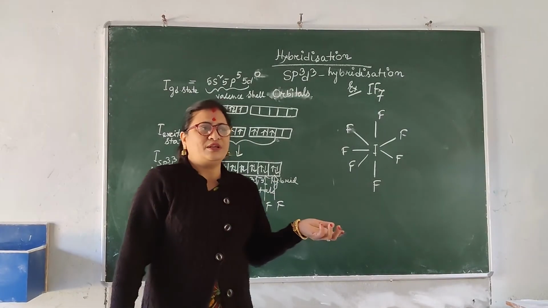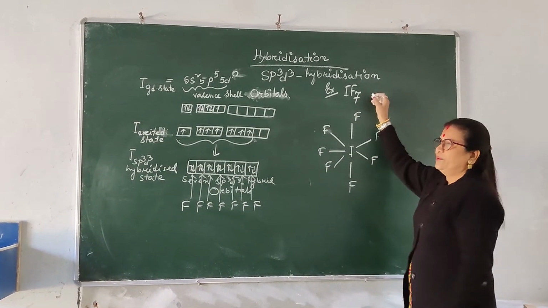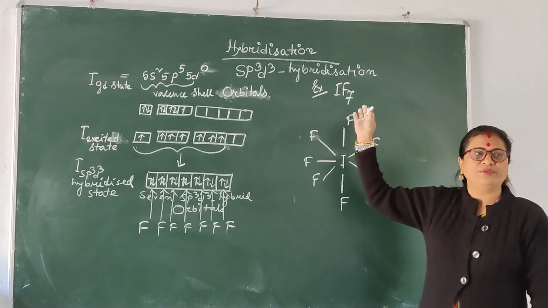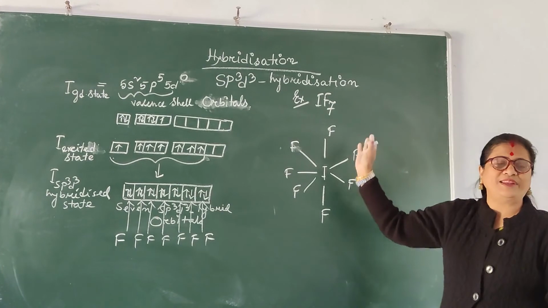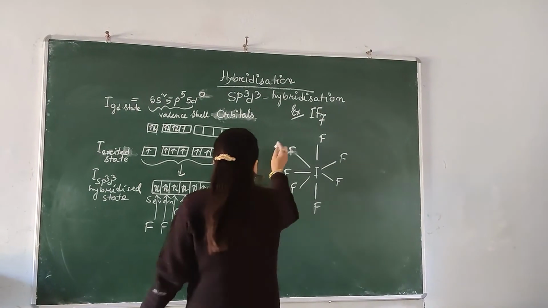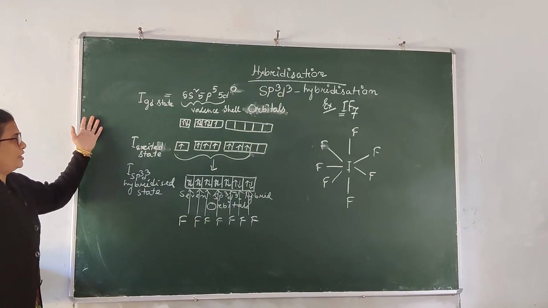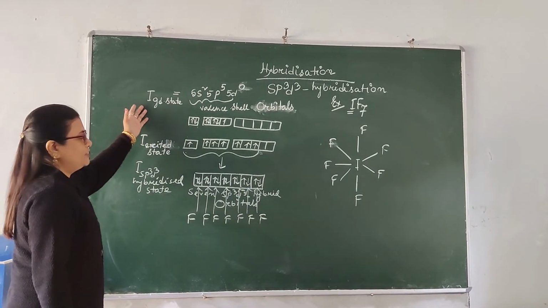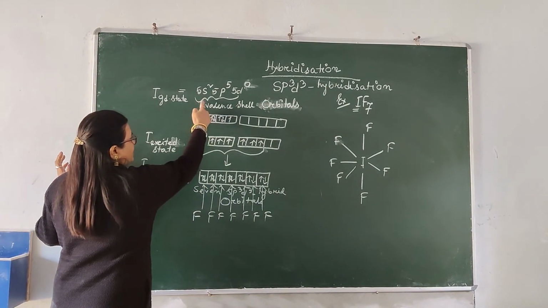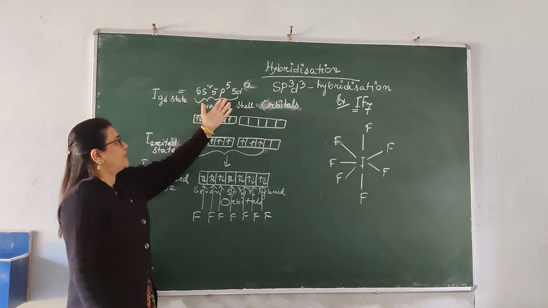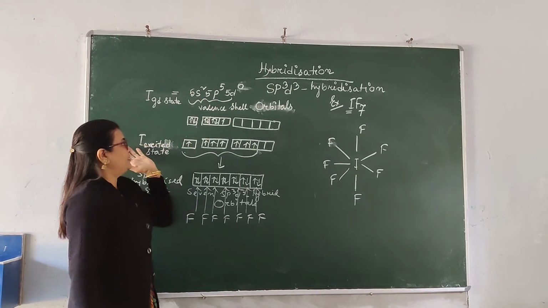For this hybridization, I take IF7, iodine heptafluoride, as an example, where iodine is linked with the 7 fluorine atoms. Here, iodine is the central atom. For this hybridization, I have to see the electronic configuration of iodine. The valence shell electronic configuration of iodine is 5s2, 5p5, and all the 5d orbitals are vacant.